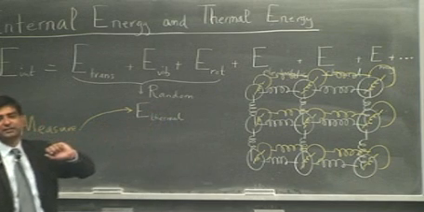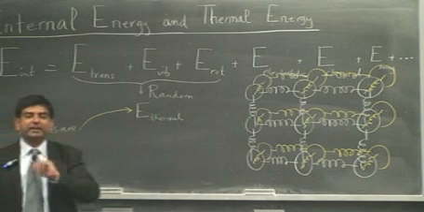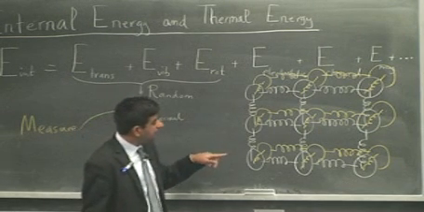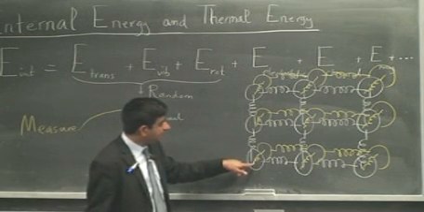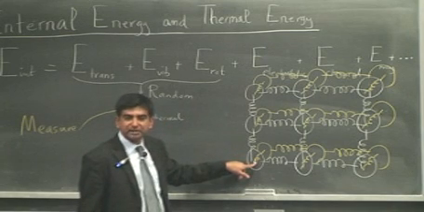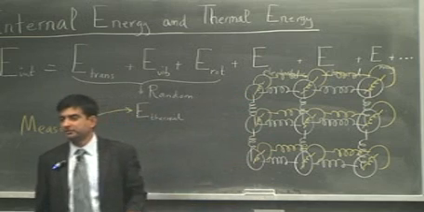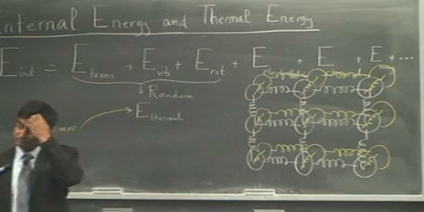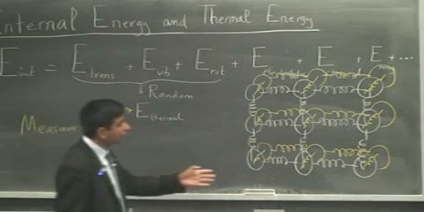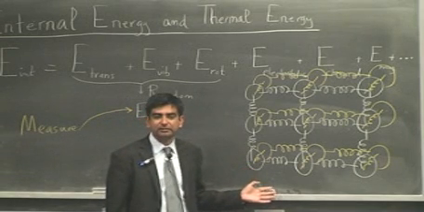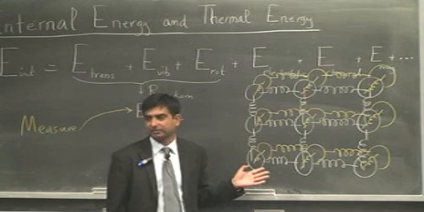Now, how do we measure this thermal energy? Ideally, what we should do is look at the kinetic and potential energy of each one of these harmonic oscillators. Every harmonic oscillator will have a kinetic and potential energy, as we discussed in the previous class.